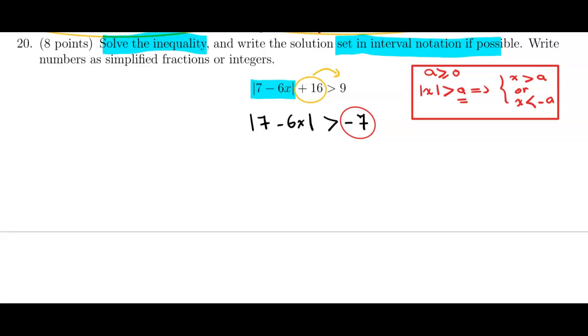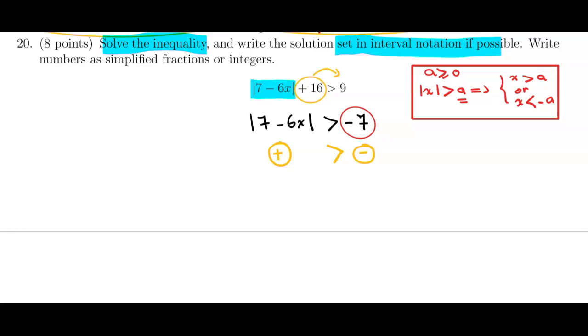We use the logic, right? The logic says that the absolute value is always a positive entity and minus 7 is a negative entity. So is it possible that a positive entity is greater than a negative entity? If it is true or false, we go back to the true and false statement.